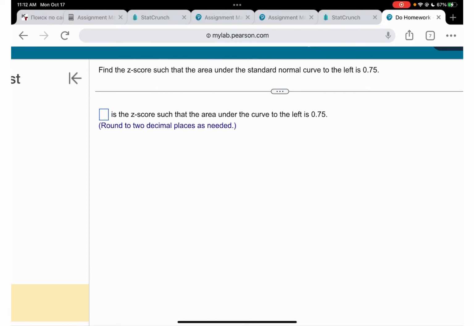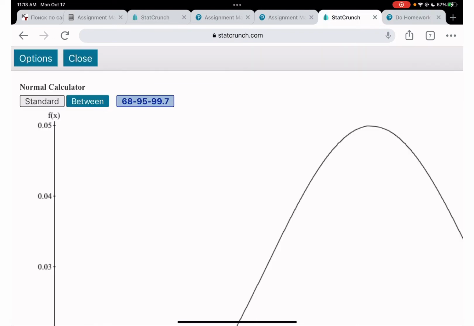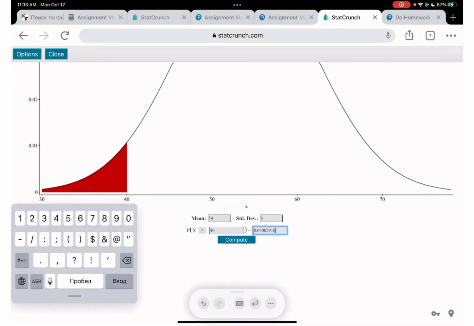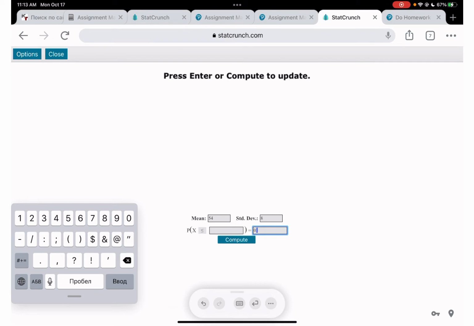Now here is probability given 0.75. We need to find the z-score and we need to find to the left. Okay, 0.75. Which means we need to find to the left, and this time we put here probability 0.75. And in this case, mean is going to be 0 because it's not given, it's standard, deviation is going to be 1.